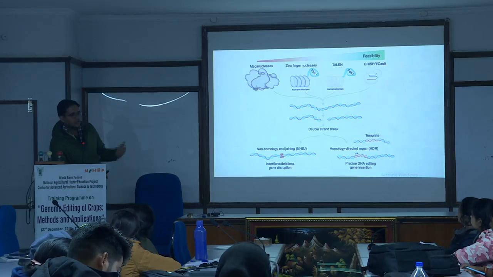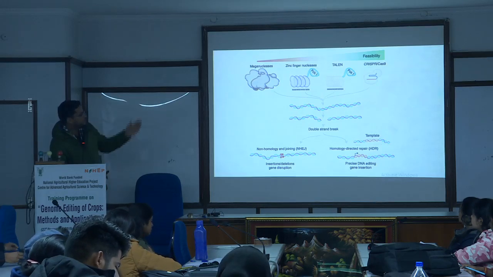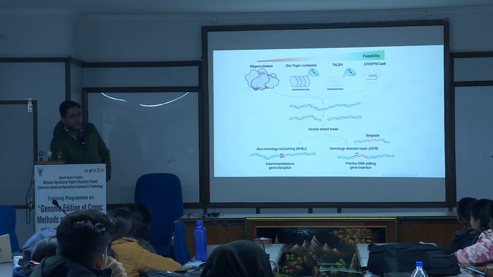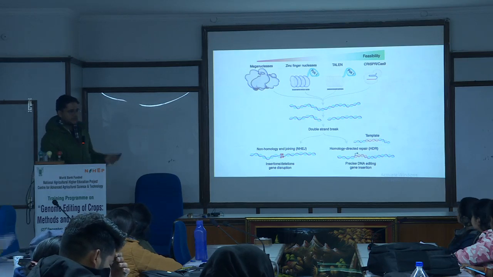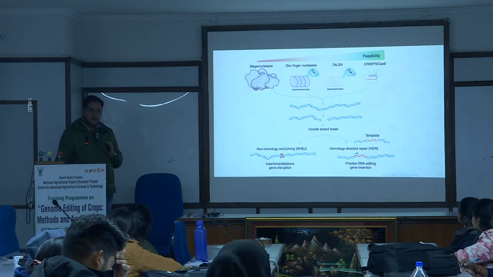Cas9 is not the only molecule that can induce a double-stranded break in your DNA. There are other molecules known for quite a long time that introduce double-stranded breaks, for instance meganucleases, zinc finger nucleases, and TALENs coupled with FokI endonuclease. All these technologies are very robust, and they have been proven to edit n number of genes.